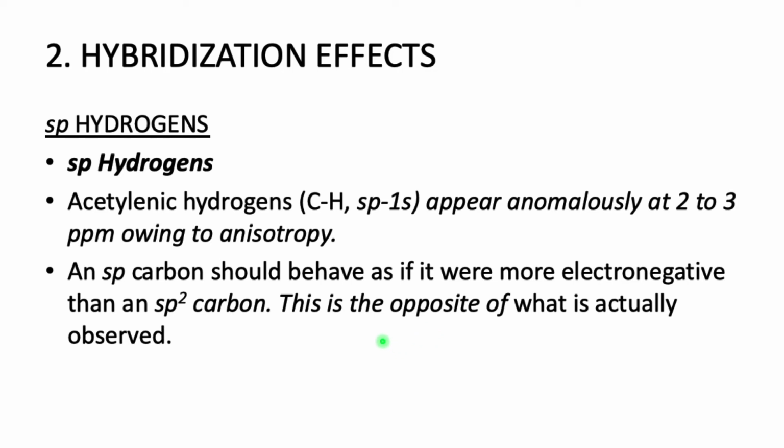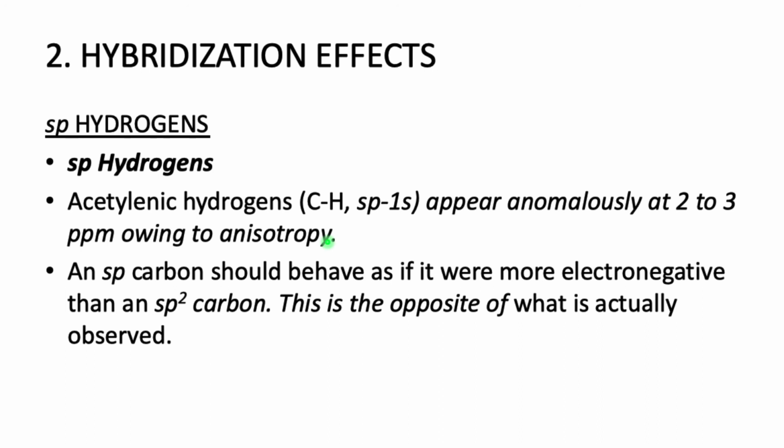Coming to the sp hydrogens, they are the hydrogens attached to a carbon which has a triple bond. The acetylenic hydrogens, that is the sp carbon-hydrogen, appear anomalously at 2 to 3 ppm owing to anisotropy. Anisotropy is the next topic which I would be taking in the next video.